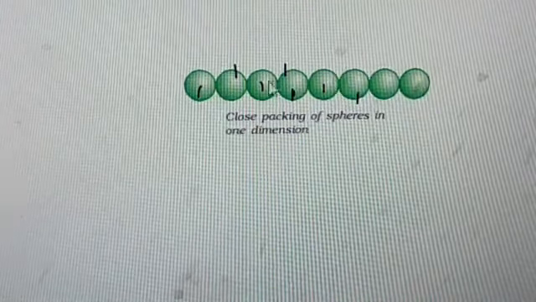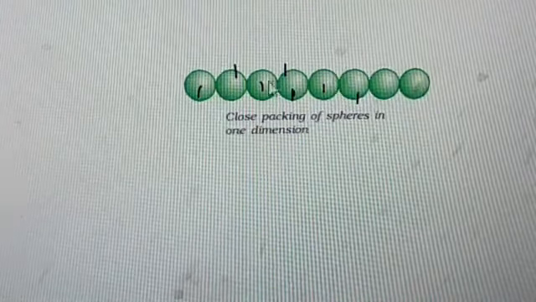For example, I am taking this particular constituent particle. This is one of the neighbors, and it is another neighbor, another, and another.